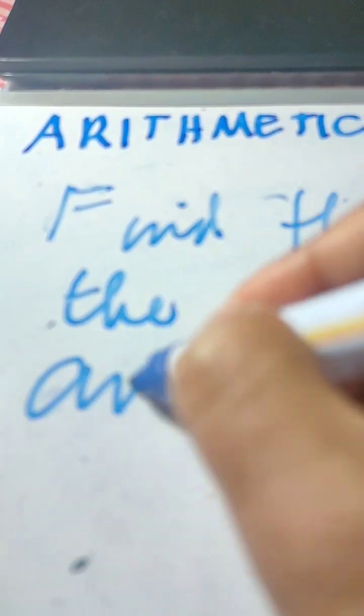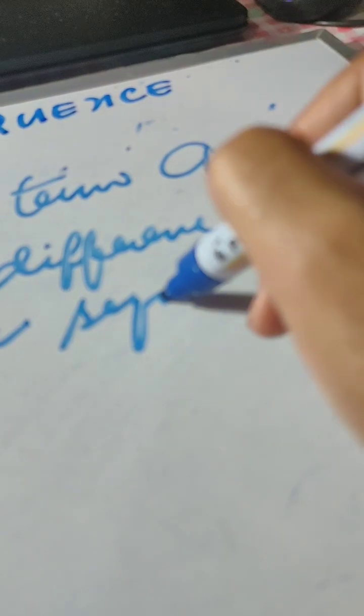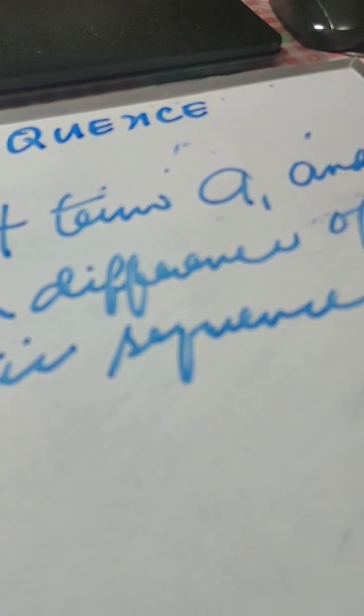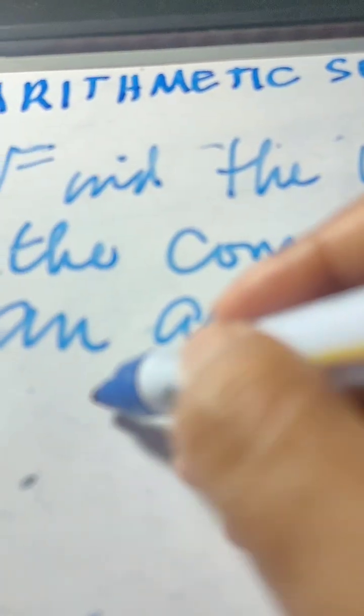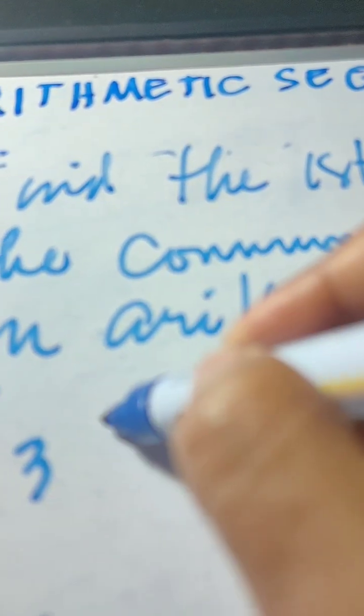Find the first term a sub 1 and the common difference of an arithmetic sequence where a sub 3 is equal to negative 7, and a sub 6 is equal to negative 19.